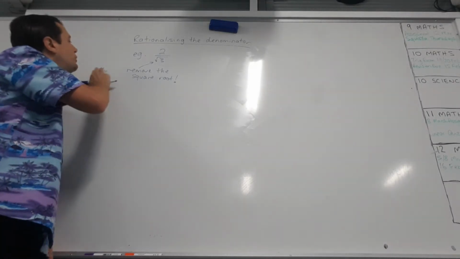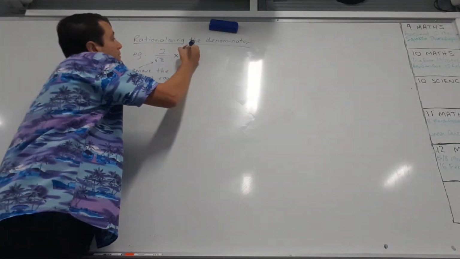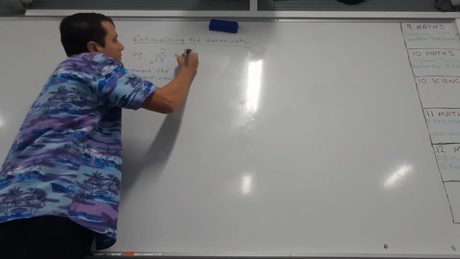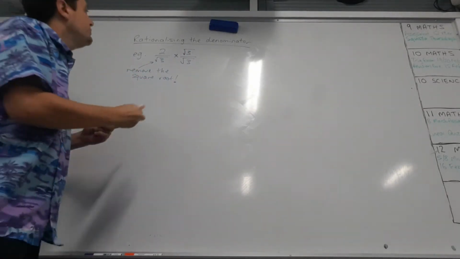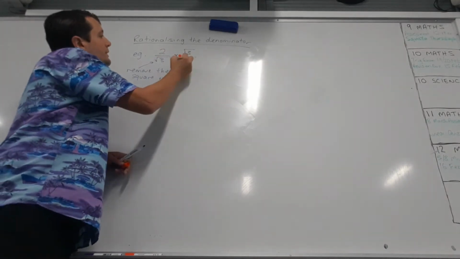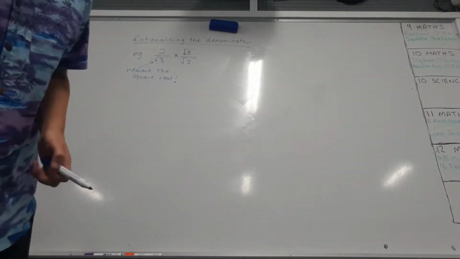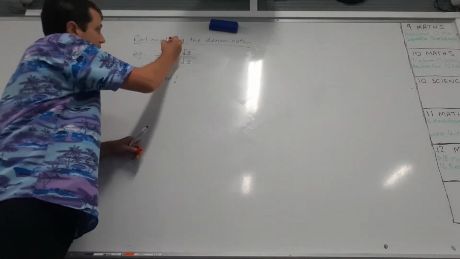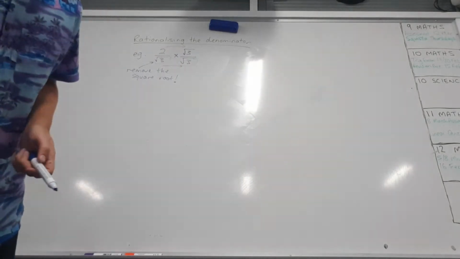The way we get rid of a square root on the bottom, therefore, is we multiply by 1, where we use the same square root value as the denominator. And if you remember your fraction multiplication, you multiply along the top, you multiply along the bottom.